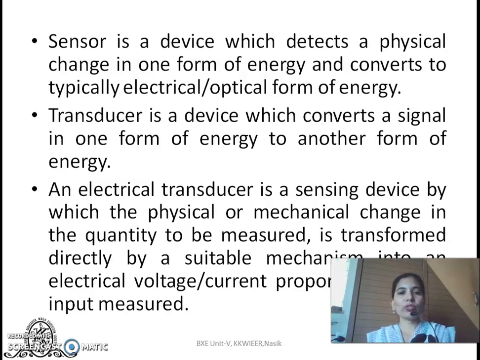An electrical transducer, in a way, is a sensor which detects the physical or mechanical change, and then also transforms this change into a suitable electrical voltage or current, which is proportional to the quantity being measured.